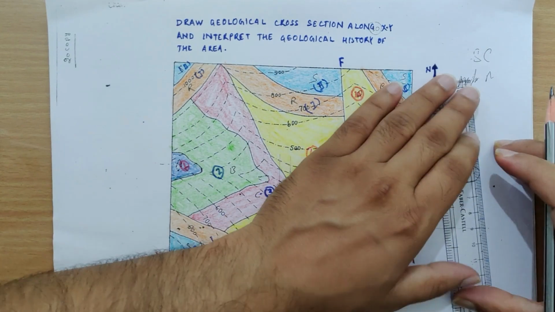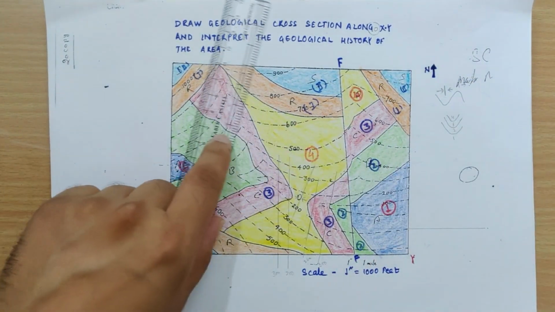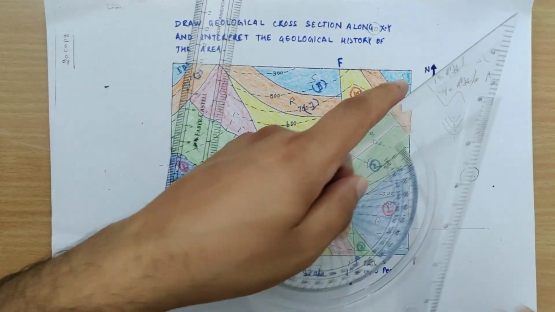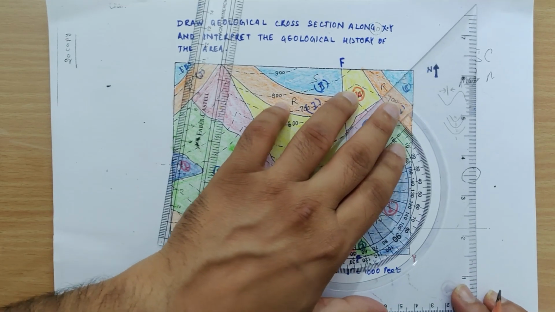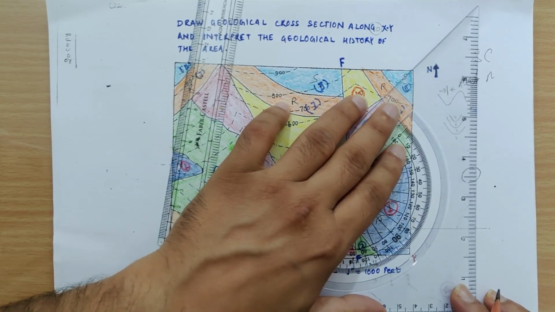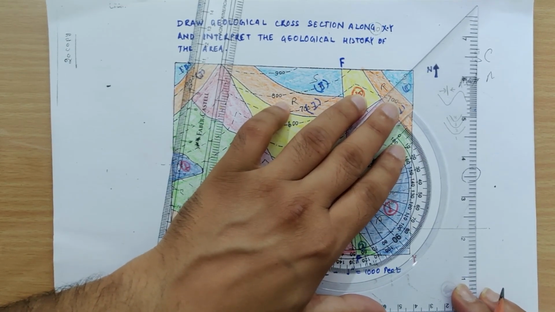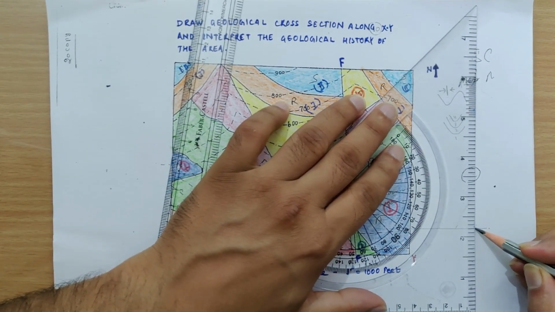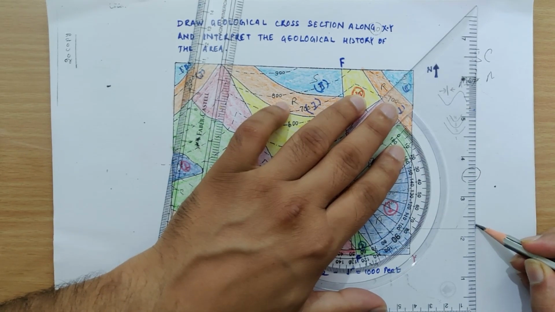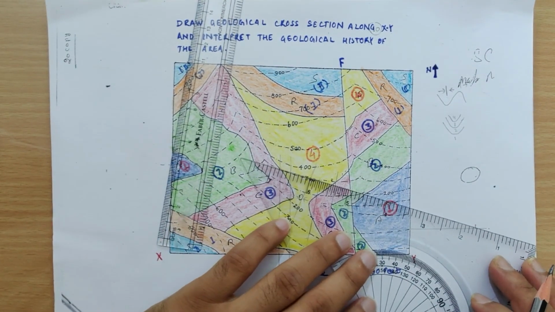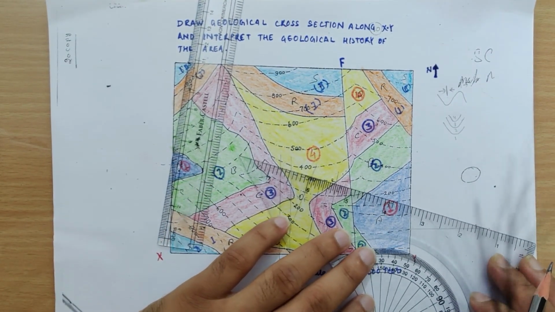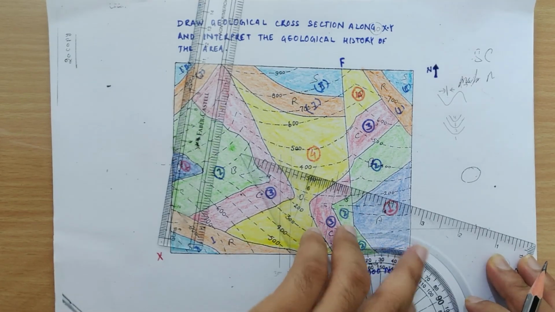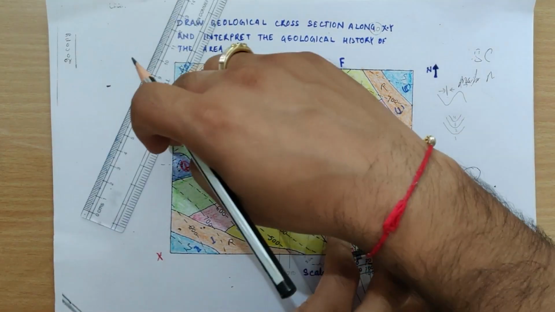So 0.1 inch over HE. And now join these 2 points. That is going to give us the limb dips in this direction.